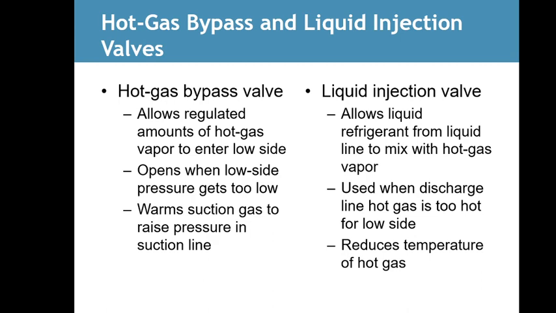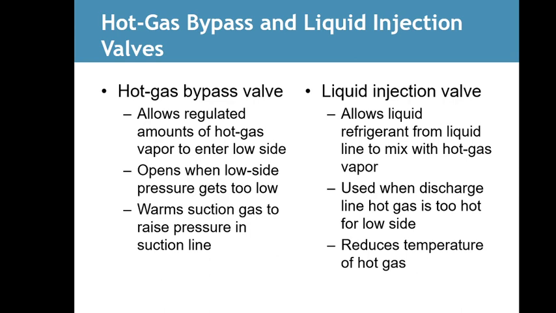Hot gas bypass and liquid injection valves. Hot gas bypass valves allow regulated amounts of hot gas vapor to enter the low side. Opens when the low side pressure gets too low, so it doesn't starve the evaporator. Warm suction gases to raise pressure in the suction line. Liquid injector valves allow liquid refrigerant from the liquid line to mix with the hot gas vapor.